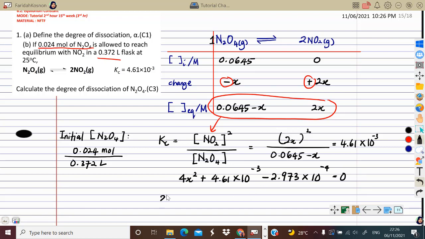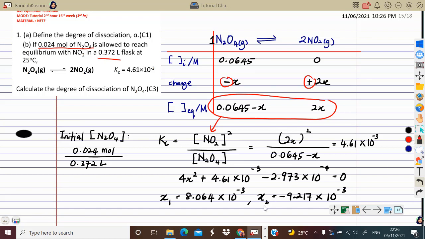So you akan dapat dua nilai x. x1 which is lebih kurang 8.064 darab 10 kuasa negatif 3. x2 is negative 9.217 times 10 to the power of negative 3.